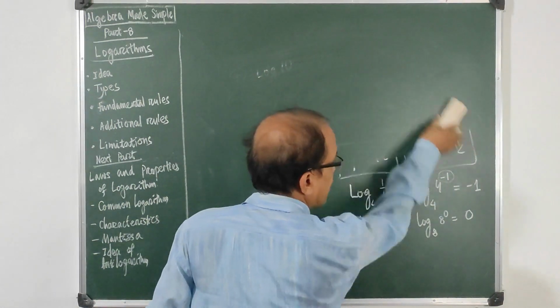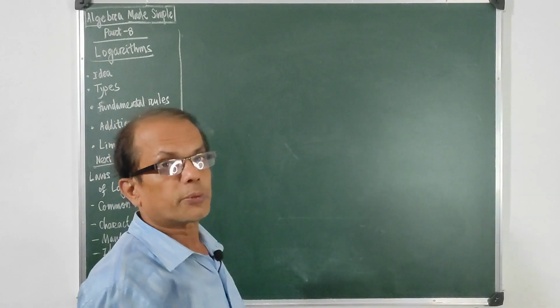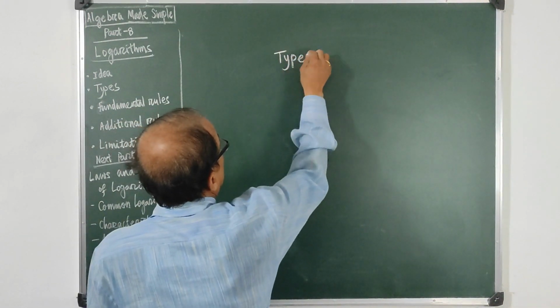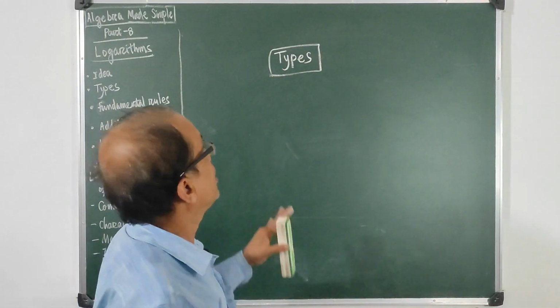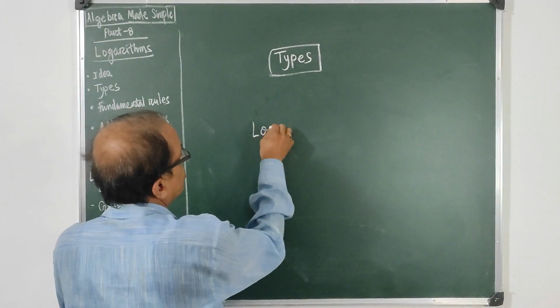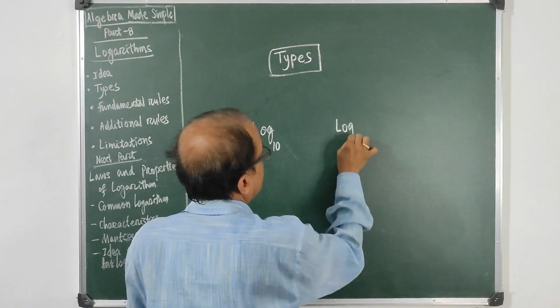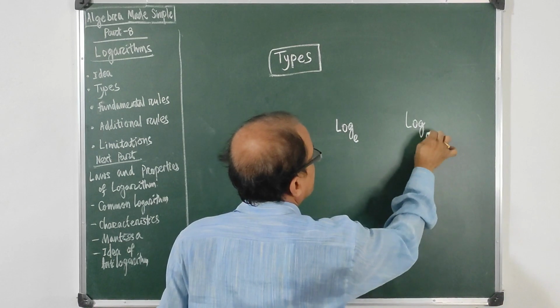Then let us now study the types of logarithm. The logarithms are categorized according to the base we use. We can use a base 10, sometimes we can use a base e, sometimes we can take any other base.